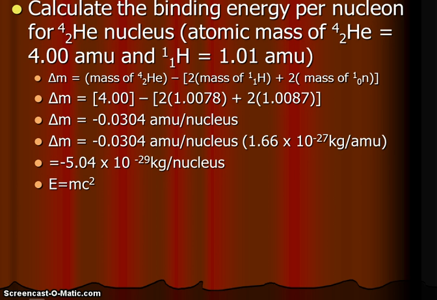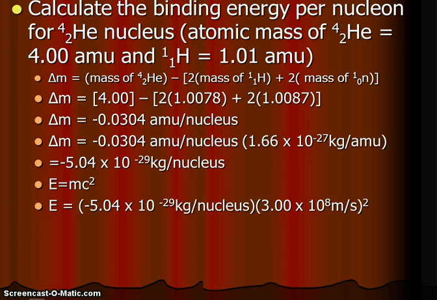And now we'll convert that mass lost to energy. We'll plug in the negative 5.04 times 10 to the minus 29 kilograms per nucleus in for m. We'll plug in 3.00 times 10 to the 8 meters per second, and we'll square it, for the speed of light. And that's going to tell us that that value is negative 4.54 times 10 to the minus 12 joules per nucleus.